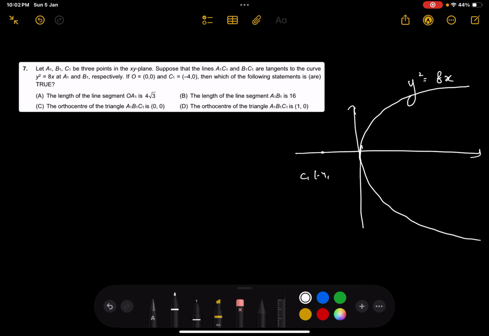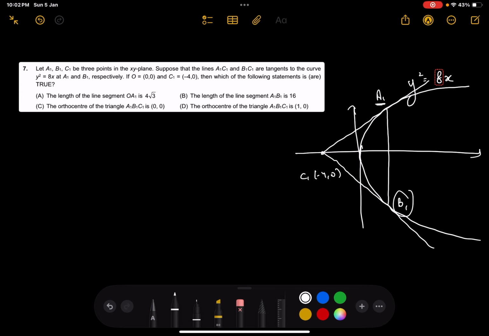which is minus 4 comma 0, and we are given that the points where the tangents to the parabola from this point meet the parabola are A1 and B1. So we have a nice little symmetric thing going over here. Just by finding the coordinates of A1, we will know the coordinates of B1 as well.